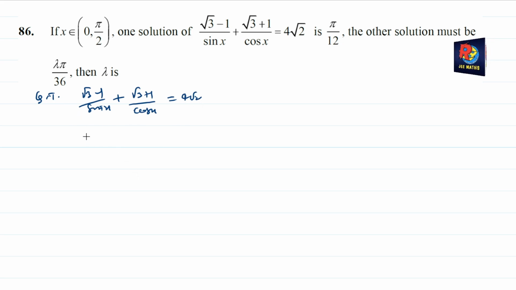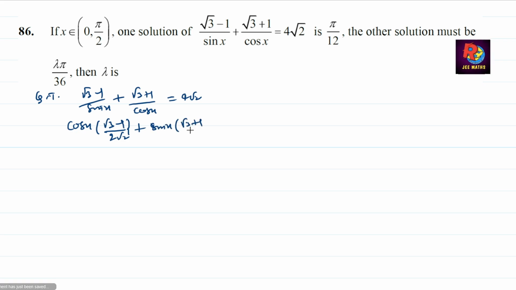So if I take an LCM, cos x into (root 3 minus 1) by 2 root 2 plus sin x into (root 3 plus 1) by 2 root 2 equals 2 sin x cos x.